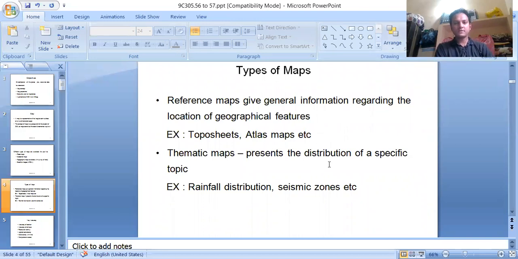Thematic maps also give different seismic zones, gradation, etc., depending upon the earthquake frequency. So we can divide different zones into seismic zones. It can be represented in thematic maps by different colors like that. So if we are talking about specific distribution, here we will use thematic maps.